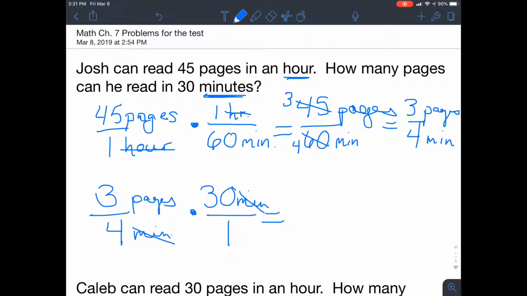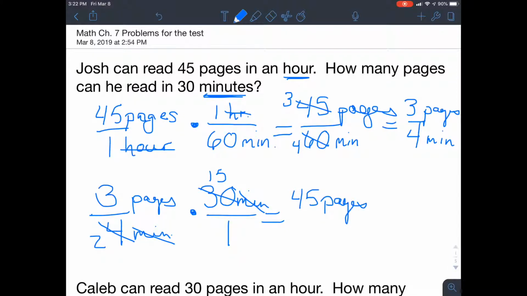I also am looking and I can see that I can make my 30 and 4 a little simpler. I can cross reduce. So I can divide each by 2. So 4 divided by 2 is 2, and 30 divided by 2 is 15, and that will make my answer a little easier to deal with. So on the top I have 3 pages times 15. Well, that's 45 pages.